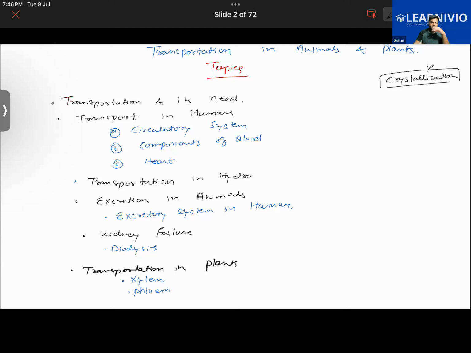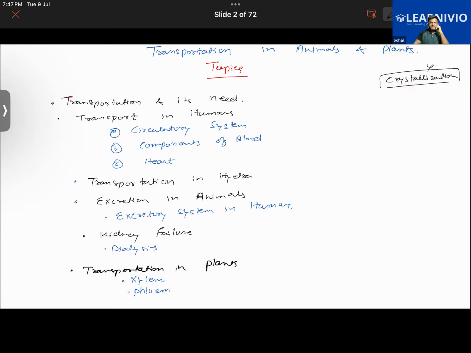Priyanka, can you recall this concept? Or Shreya, you would also have studied this concept of crystallization in your school. No, not in heat. This topic was there in physical and chemical changes actually. In that chapter, you would have studied about crystallization.